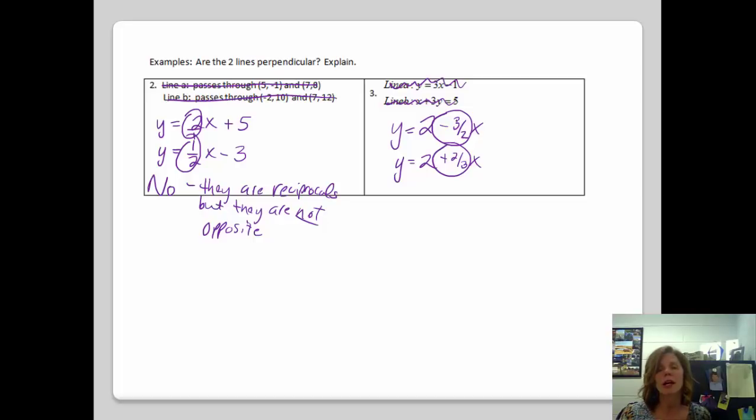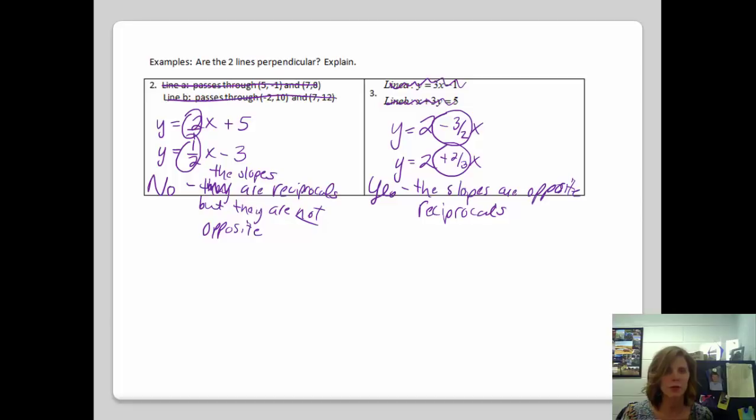And then I look, 3/2, if I flip it, would become 2/3, so they are also reciprocals. So this one is going to be a yes, and the slopes are opposite reciprocals.